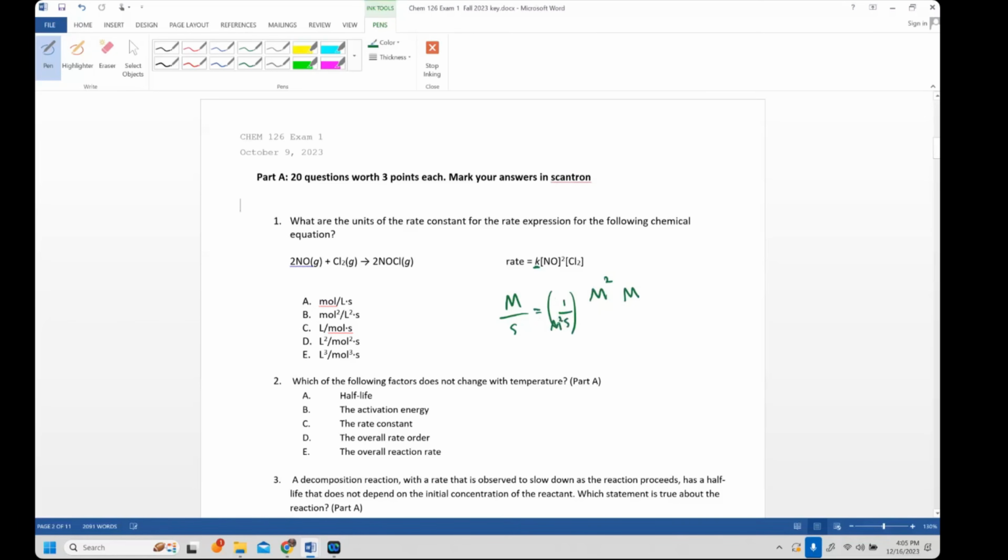If you have 1 over molar squared per second, the molars cancel out with those two, and you'd have a single molar on the top and a single second on the bottom. That's how you figure out the unit from dimensional analysis.